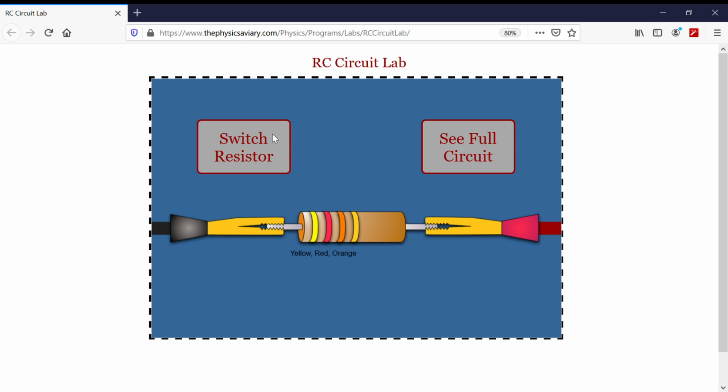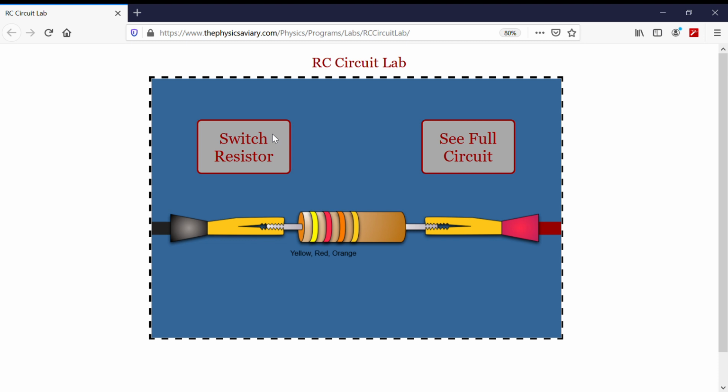Now, let's determine the resistance of this resistor. Well, according to the charts that are provided to you in the instruction file, in the link in the instruction file, when the first band is yellow, the first digit of the resistance is a 4.